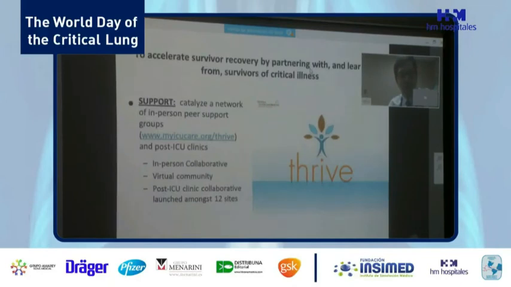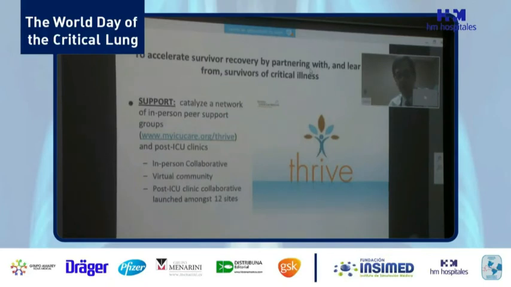Through the Society of Critical Care Medicine's THRIVE initiative, recognizing the importance of support, and the lack in some instances of support afterwards, we designed and implemented an innovative network of in-person peer support groups. It's now nearly 20 sites across the world that are participating and leading in this effort.